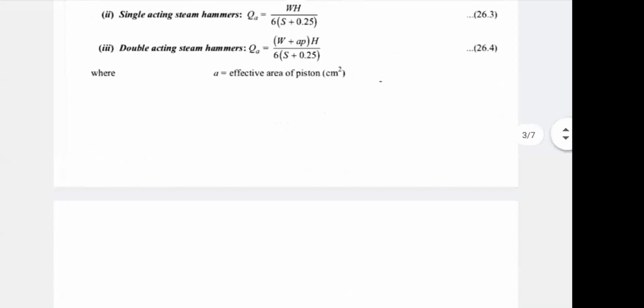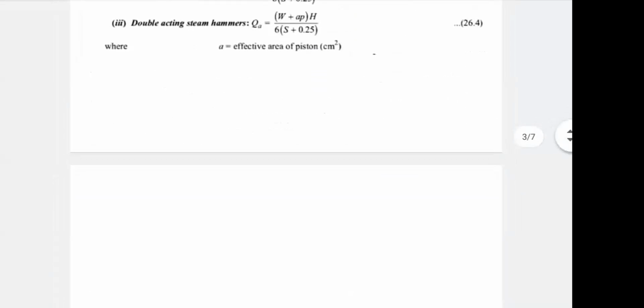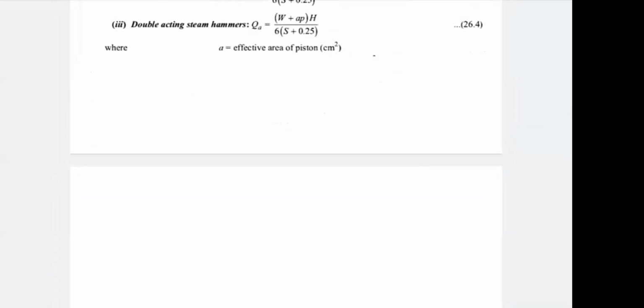And if you are using the double acting hammer, the basic formula is somewhat going to change. Likewise, QA is equal to W plus A into P into H divided by 6 into S plus 0.25. A is nothing but the effective area of piston. Piston is nothing but your hammer. In centimeter square, you will need to consider pi by 4 d square.